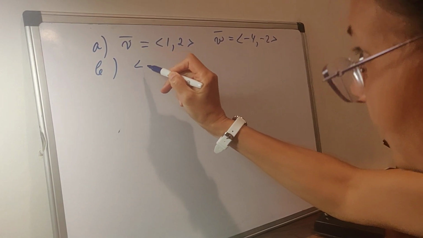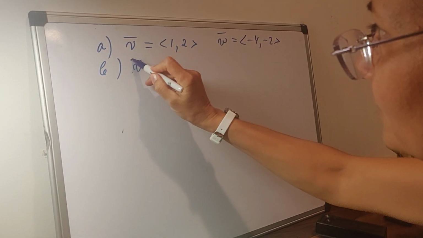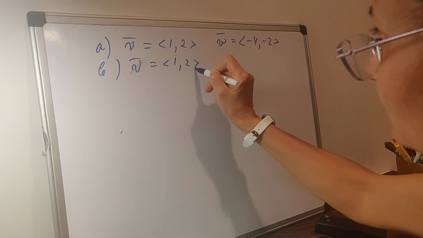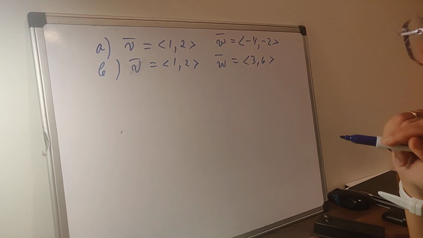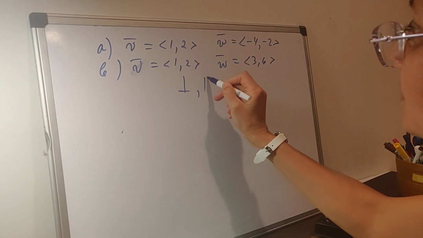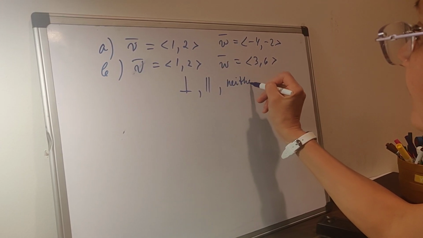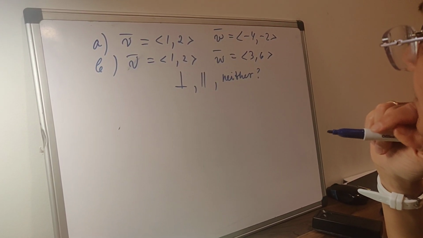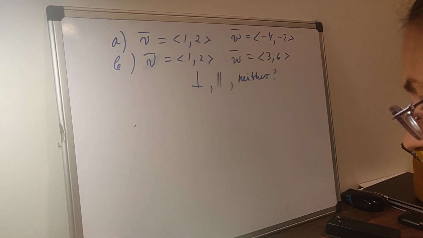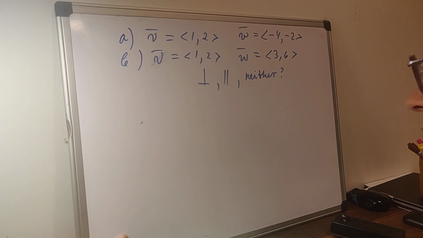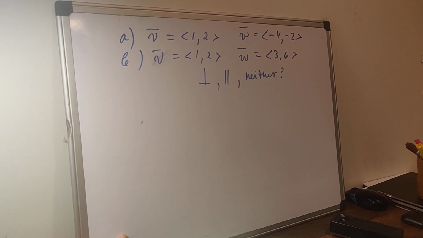And B, v equals 1, 2, and w equals 3, 6. So, perpendicular, parallel, neither. I'm going to count to 5, and you can stop your video and do it on your own, and I'm going to solve it, of course. So 1, 2, 3, 4, 5.